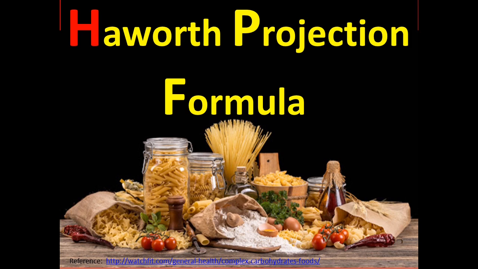In order to explain the cyclic form, Mr. Haworth made a formula for these types. Okay, so let's go now to the step-by-step process on how to make this formula.